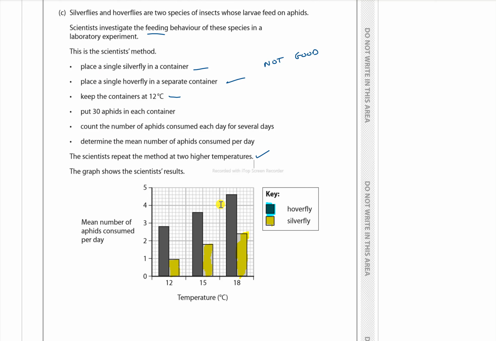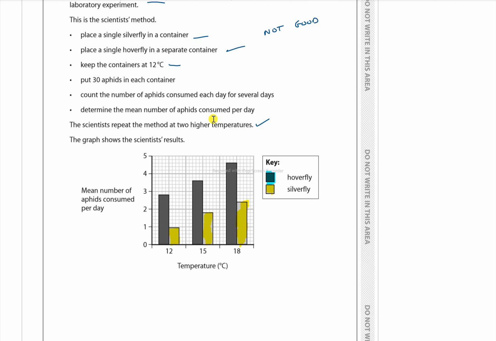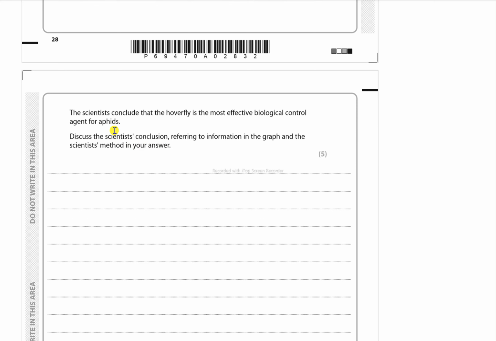And you can see as the temperature increases, the number of hoverflies breed actually. So the breed and so the rate of they both increase as the temperature increases. So that means they're producing more larvae, and then the larvae will feed on the aphids.